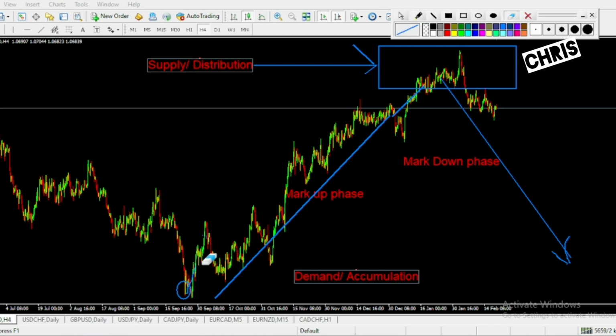There was a supply, there is the demand, another one, then it came down, there was another one, it went, there is another one. So in every wave there are small supply and demand areas.